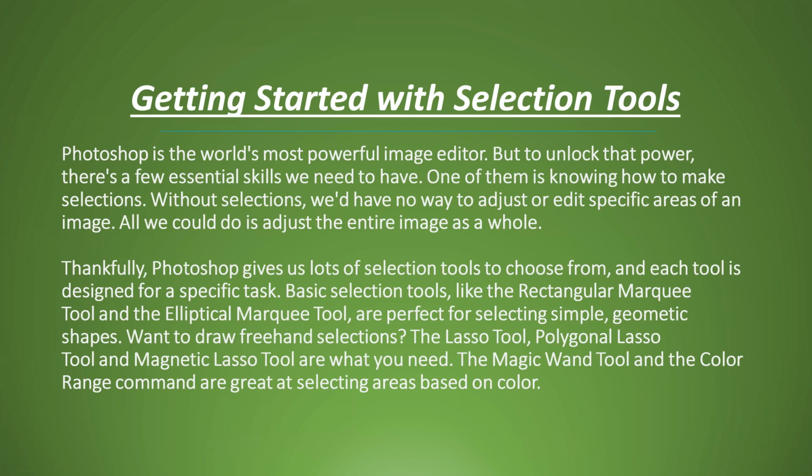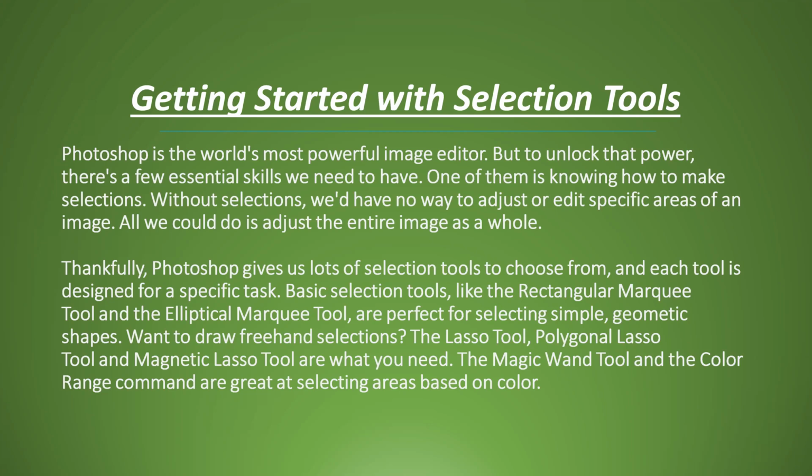So as you know, Photoshop is the world's popular photo editor. It has various tools, and which can do magic to your photos. So Photoshop gives us a lot of selection tools. Example, the marquee tool, elliptical marquee tool, and lasso tool, and all those things.